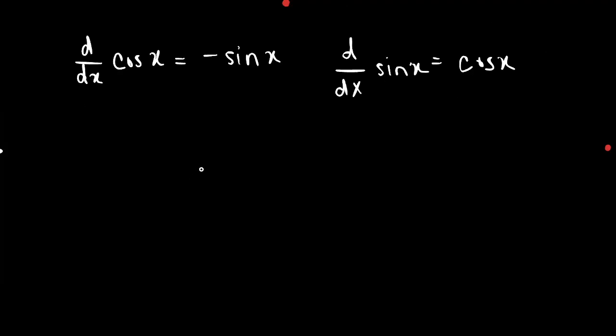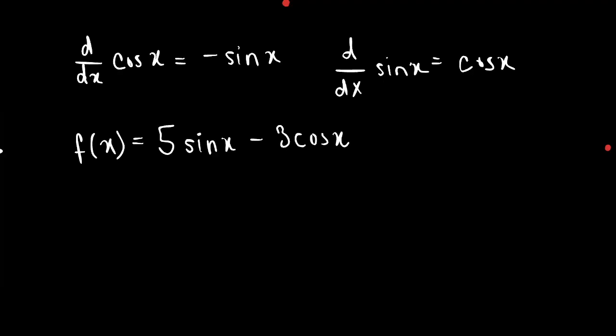If, for example, we were given a function involving sine and cosine and we want to find its derivative, let's see what that would look like. We have our function 5 sine x minus 3 cosine x. What is the derivative, f prime of x? First we just bring down the 5. We know the derivative of sine x is cosine x.